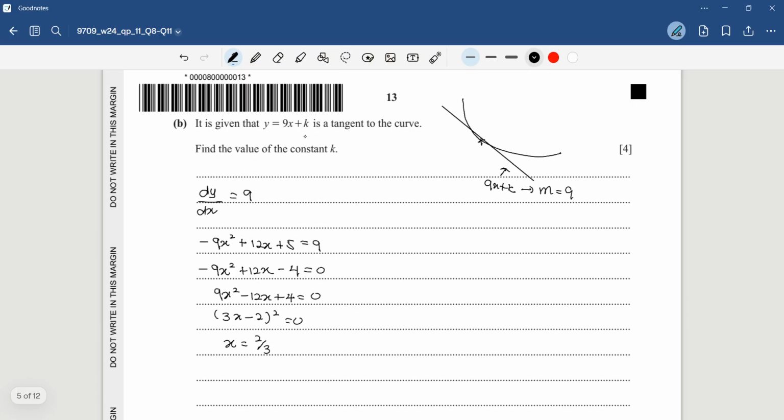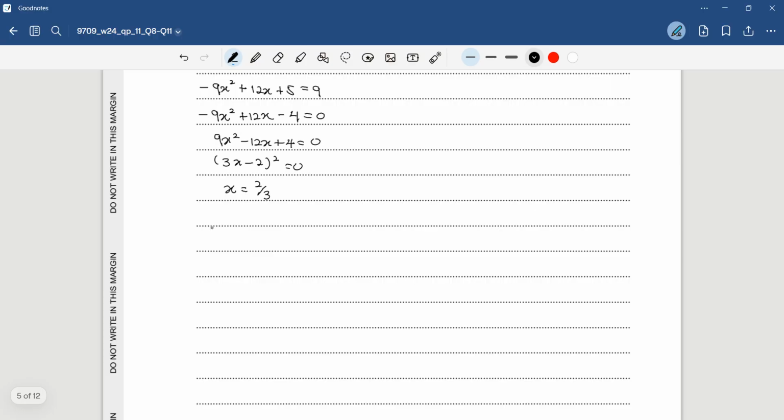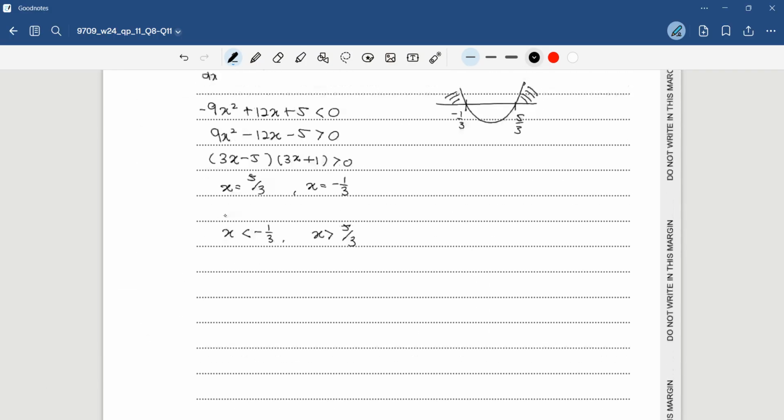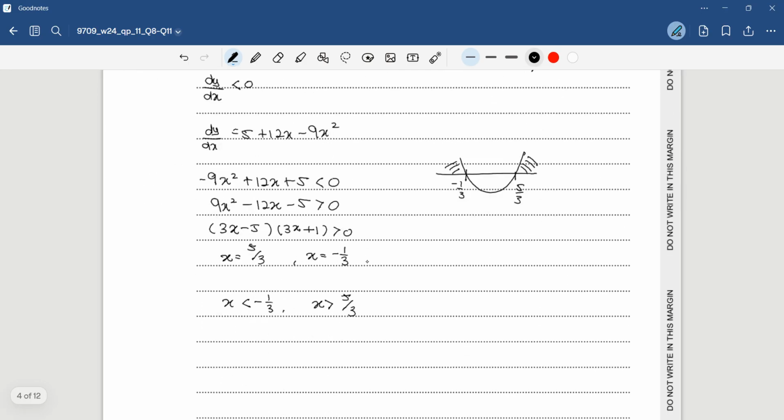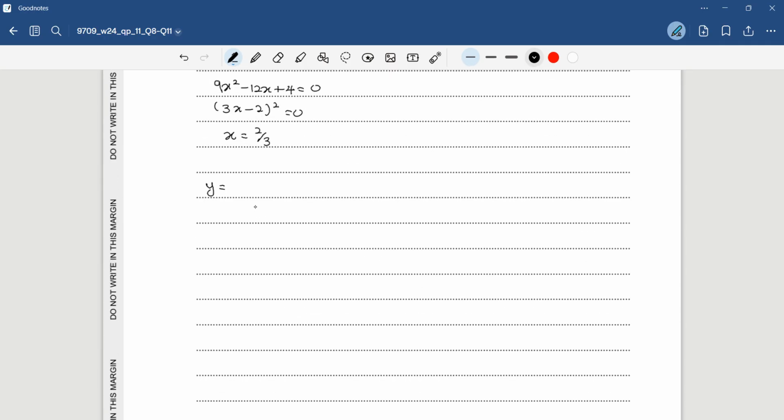So if I want to find the k, I need my y value as well. So we can use the original equation where y is equivalent to 4 plus 5x plus 6x squared minus 3x cubed.